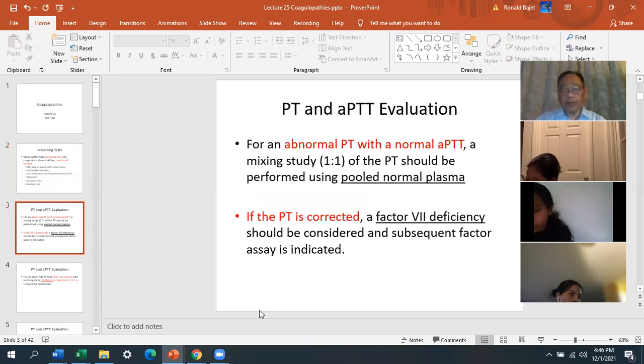When you run a PT and PTT, I know I didn't ask you to memorize the normal values, but for pro time, it depends on different laboratories, on the type of reagent that you have.